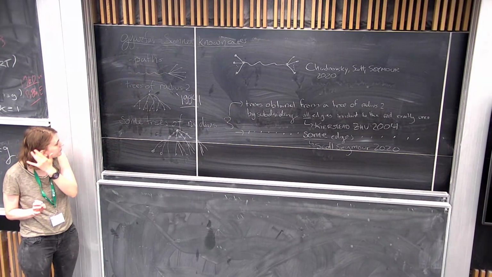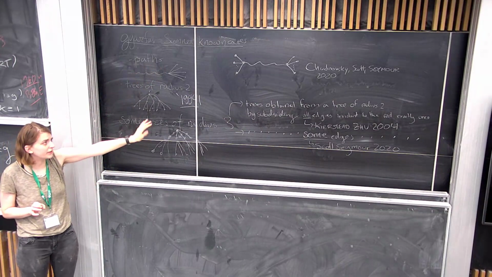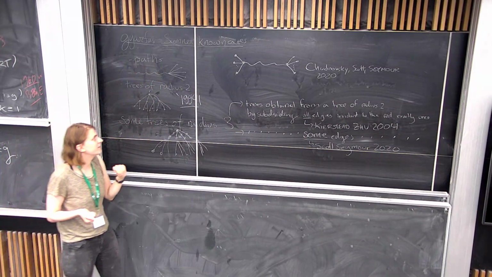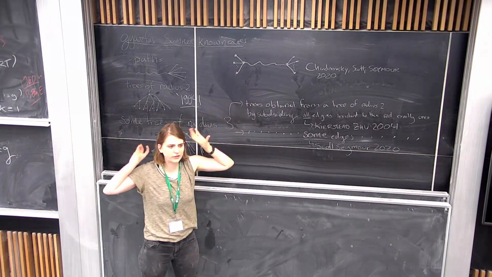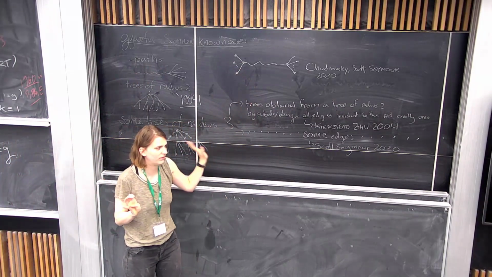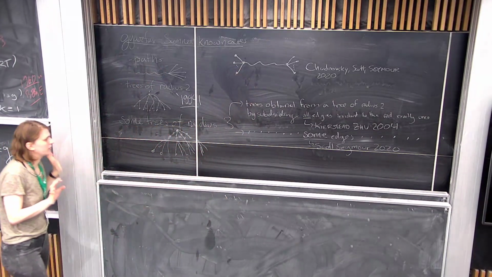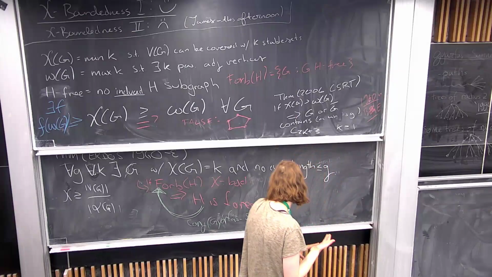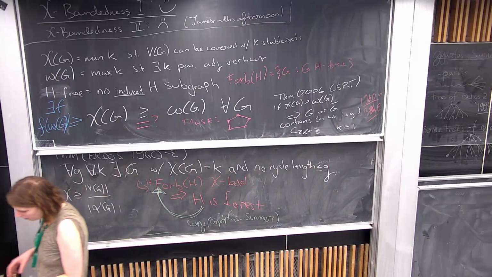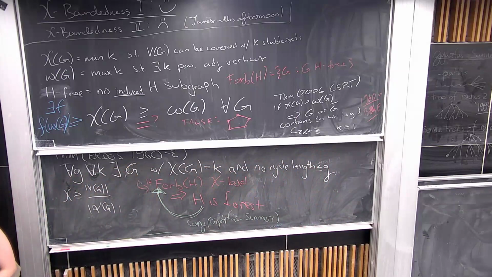And these are actually fairly hard papers. Then the big thing was that if you have a path and you throw a star on both ends, that still works. And there are a couple of other random trees for which it's known. But on the whole, we're very far from proving it in generality.